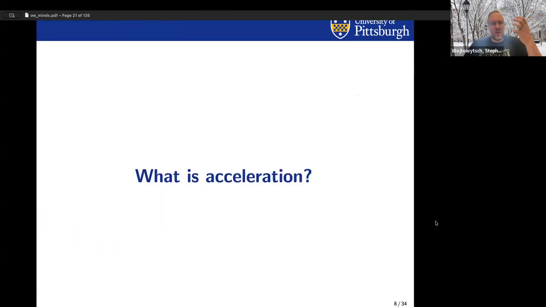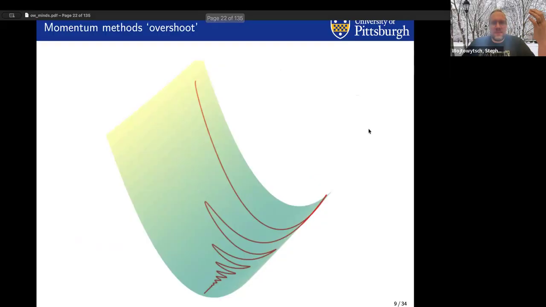So what is acceleration and what do I mean by that in the context of momentum methods? So here we see a trajectory of a ball rolling down a hill. The minimum is somewhere over here, but we see we've got one very steep direction and one flat direction.